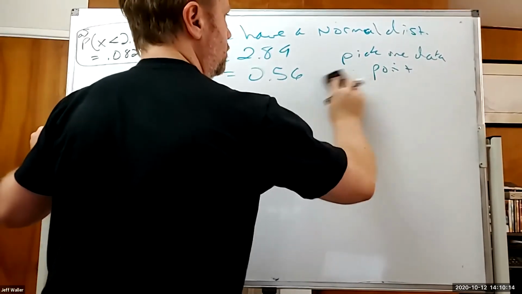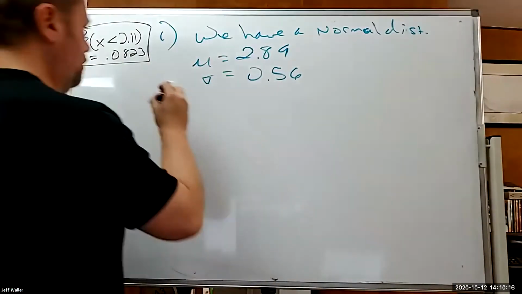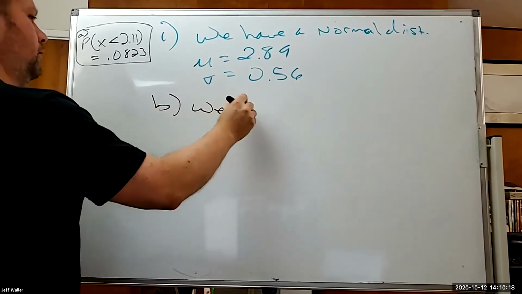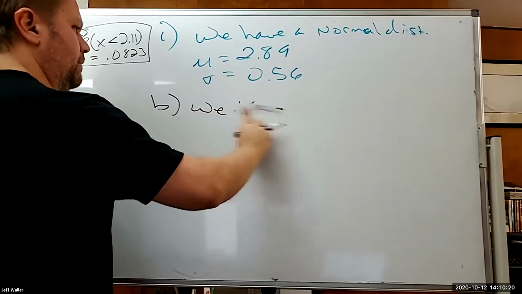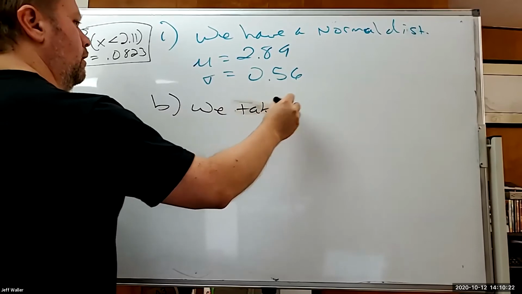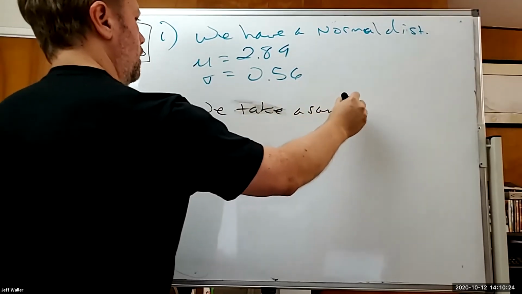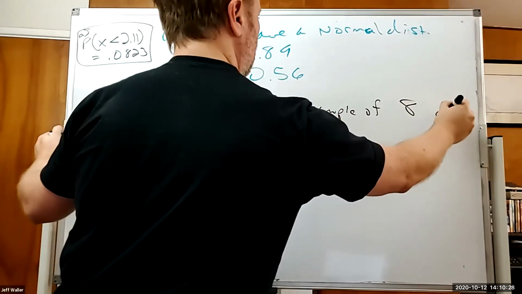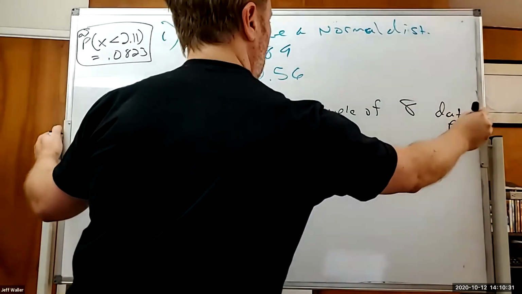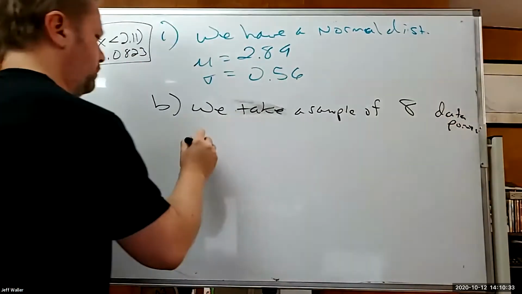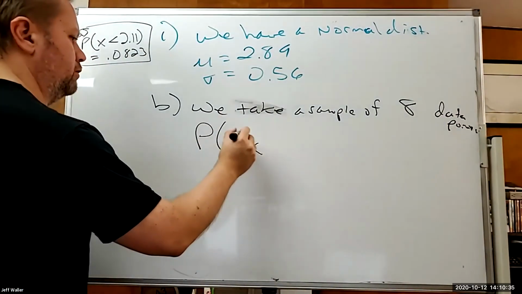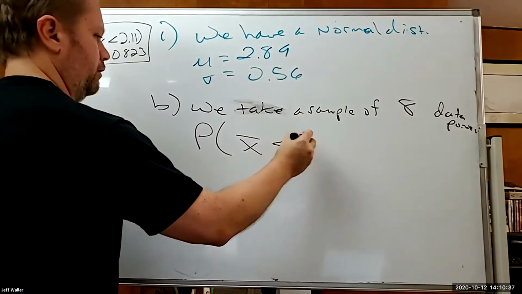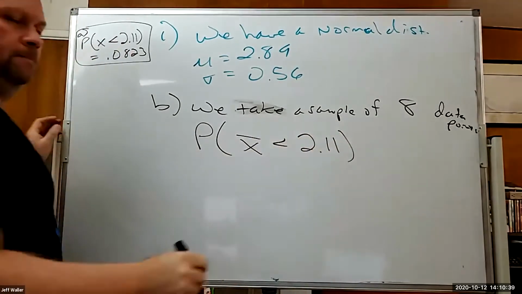Part B would say we take a sample of 8 data points. What's the probability that the average is less than 2.11?